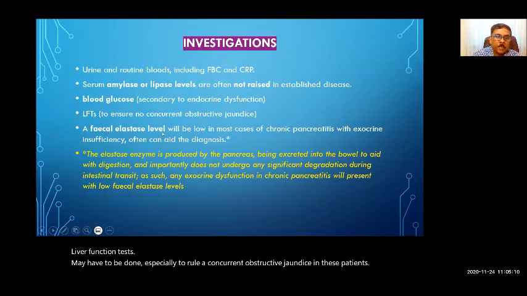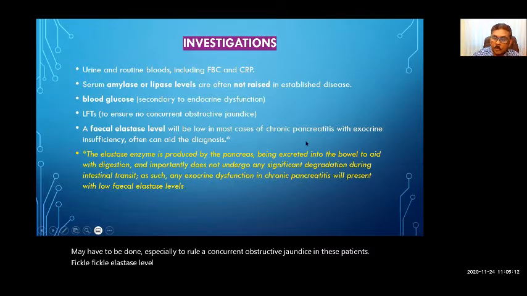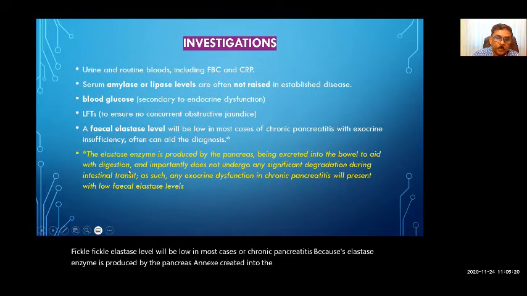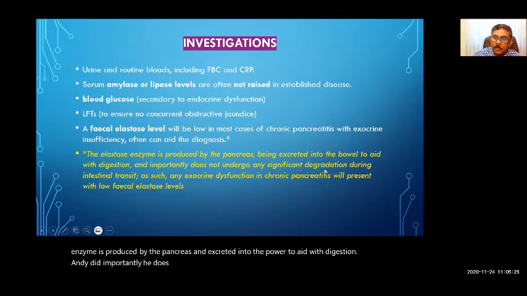Fecal elastase level will be low in most cases of chronic pancreatitis because this elastase enzyme is produced by the pancreas and excreted into the bowel to aid with digestion. And importantly, it does not undergo any significant degradation.